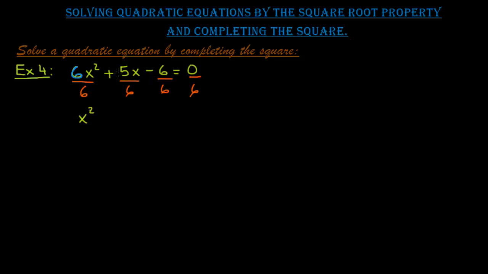We always need the leading coefficient to be 1. And the rest will give me 5 over 6 x minus 6 over 6, which means minus 1, equal to 0 divided by 6, which is 0. So we have x squared plus 5 over 6 x minus 1.